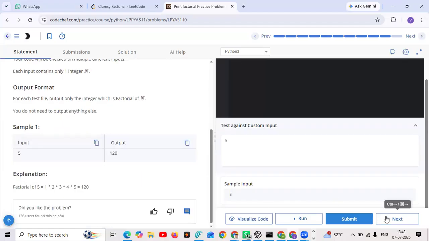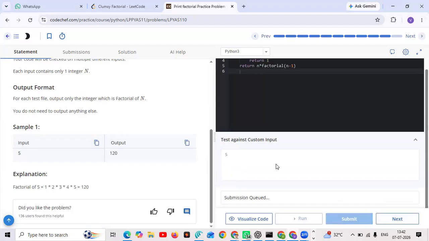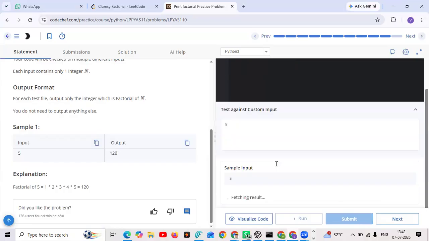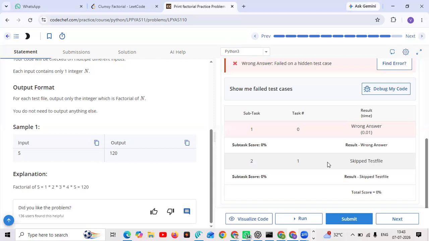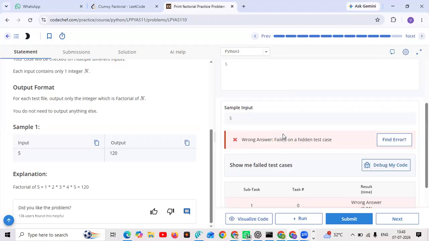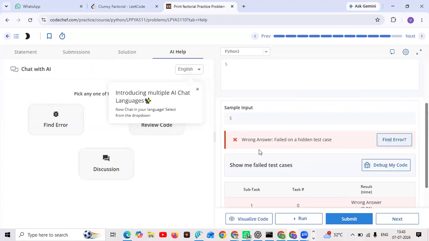Now I could submit it. Let's check. Wrong answer, failed on hidden test cases. Subtask 0%, score 0%, test score is equal to 0%. Okay, find the error.